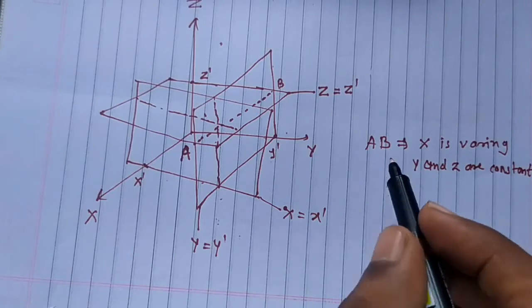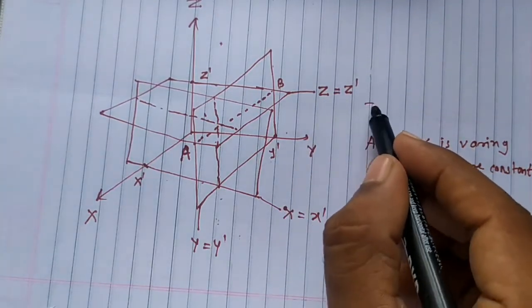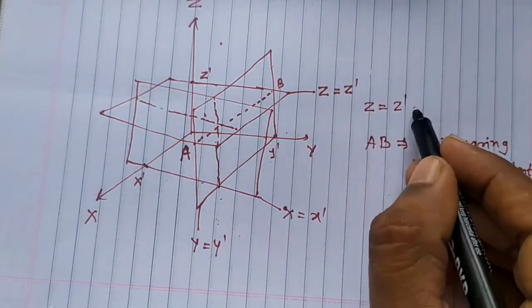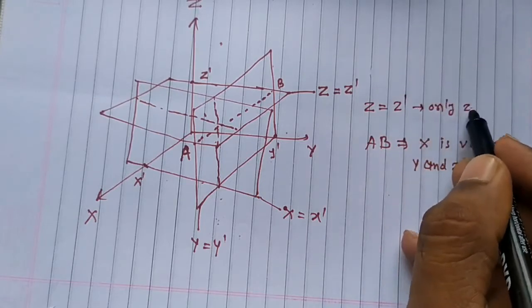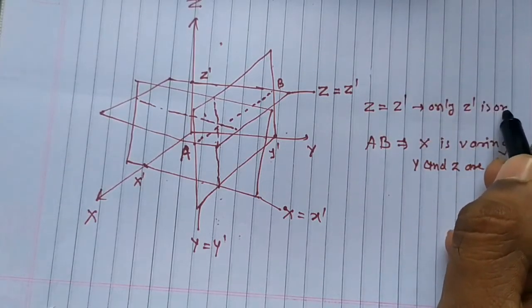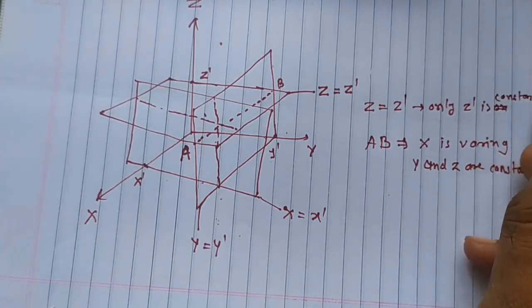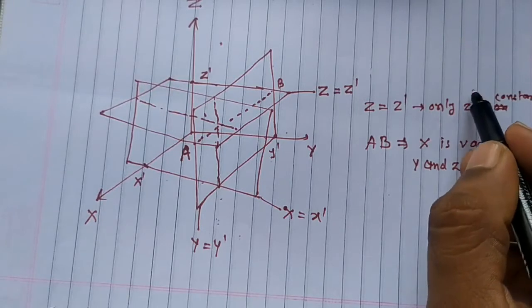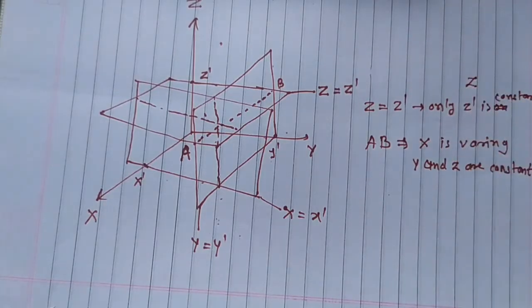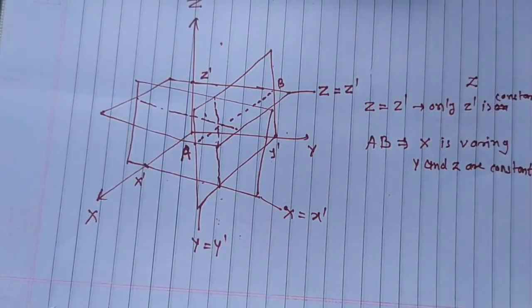And on a plane, if I take plane z is equal to z dash, only z is constant, and other coordinates are moving. Okay, so that is the difference between coordinate line and coordinate surfaces. Their properties are different. Now we will move to the next coordinate system. I hope this is clear.